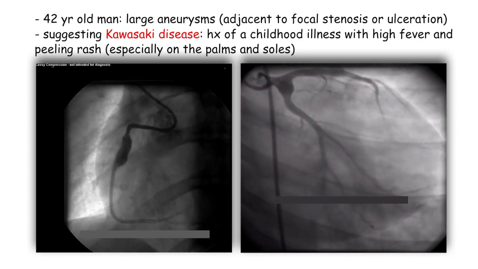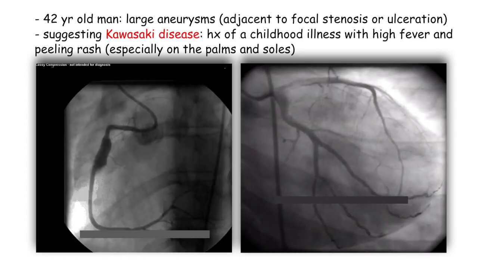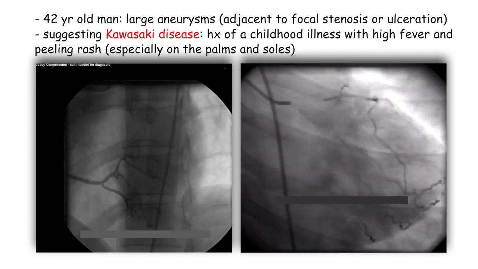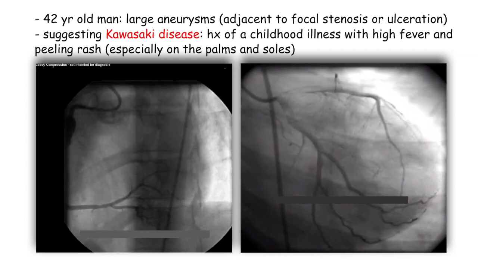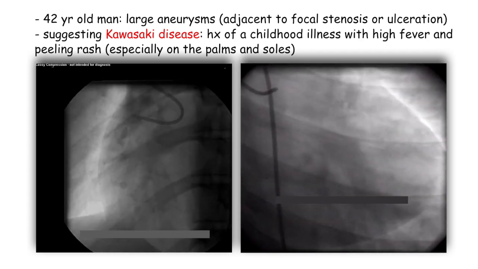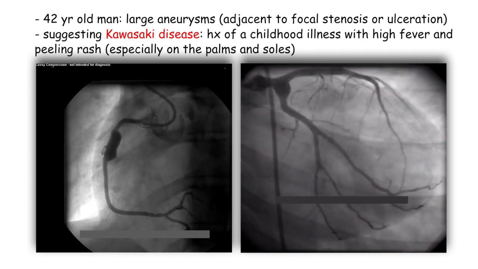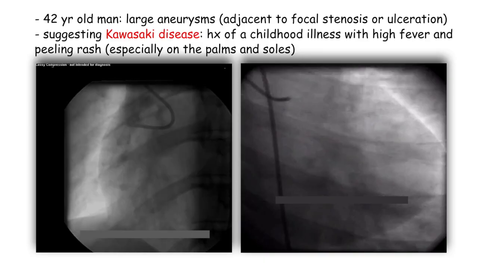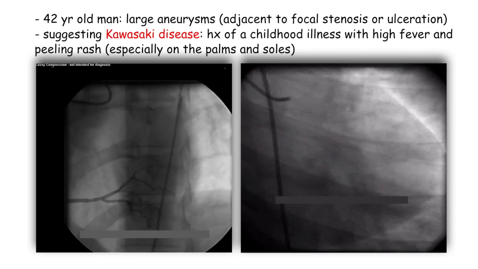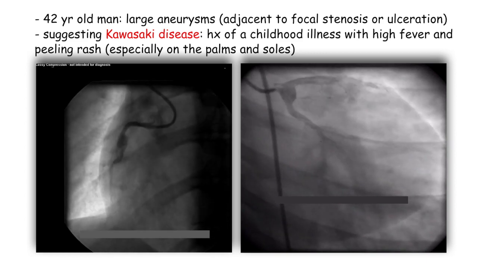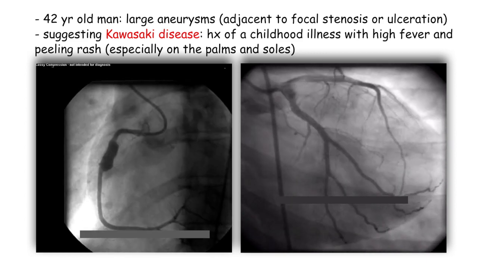All together, we add them and we reach a conclusion. But for us in adults, we see them 20 years later with disease, and then we depend on the memory of the family to say, oh, he had this illness. But usually this illness does not pass without recognition. People will recognize that they have a bad illness. Usually it makes them bedridden for a week or so, and then they will remember that.